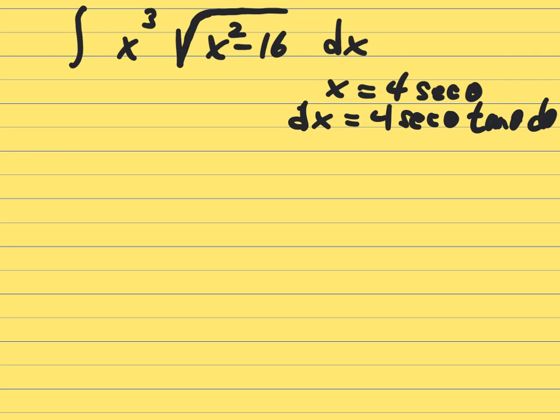Going back to the original problem, x cubed will be 4 secant theta quantity cubed. The square root radical we can write as a power of 1/2.